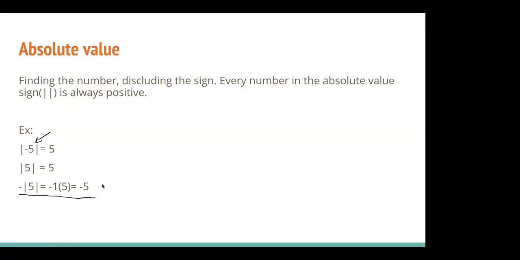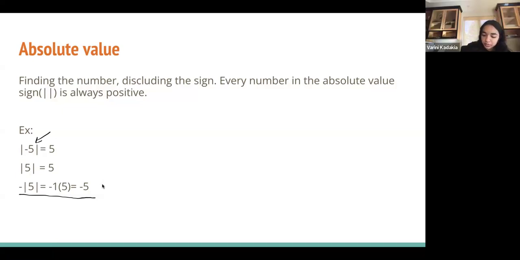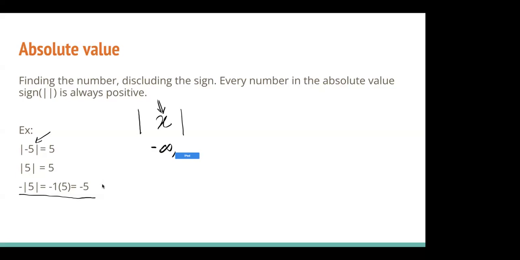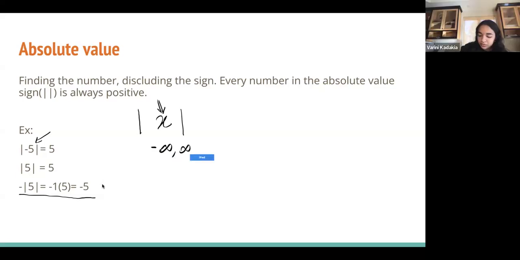You said every number in the absolute sign is always positive. So why is it negative here? Okay, so basically when you have these bars called the absolute value bars, no matter what the sign of the number is, it will always return the positive number.